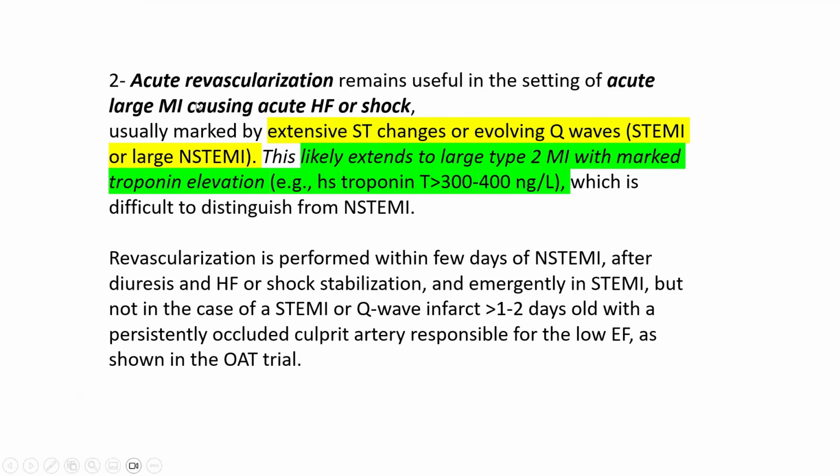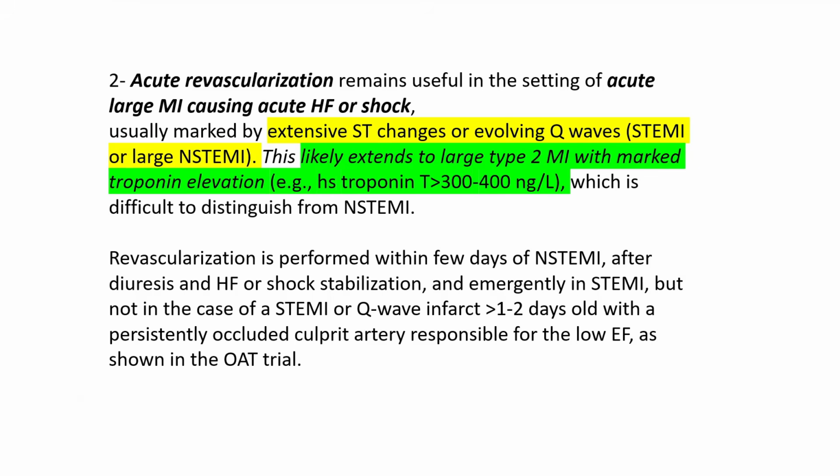A second important idea is that acute revascularization remains certainly useful in the setting of acute large MI causing acute heart failure or shock. And to say that an acute MI is causing acute heart failure rather than heart failure causing some myocardial injury, you need to have typically extensive ST changes or evolving Q waves on the EKG. So typically it's the EKG that will tell you I'm having an acute MI that's causing my heart failure.